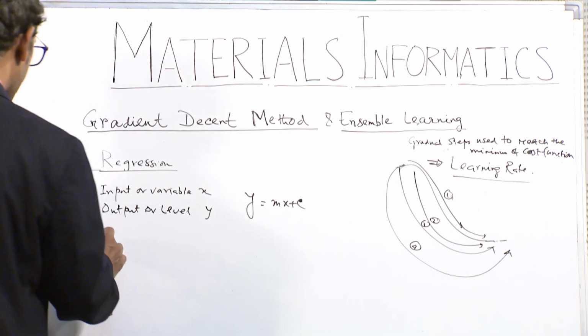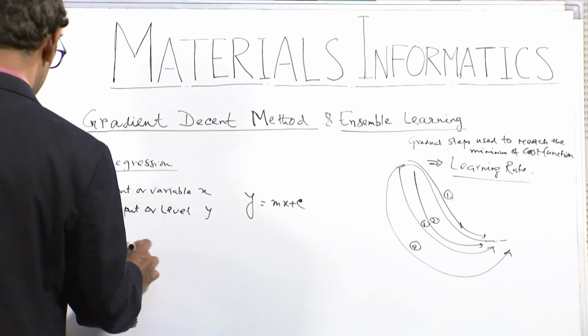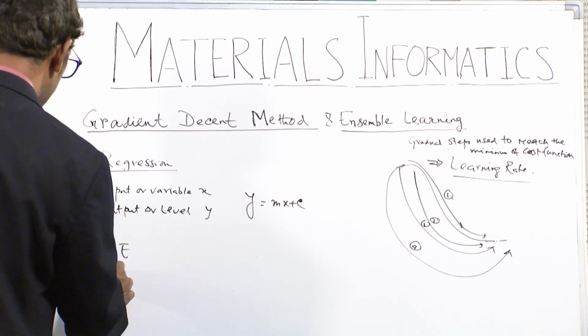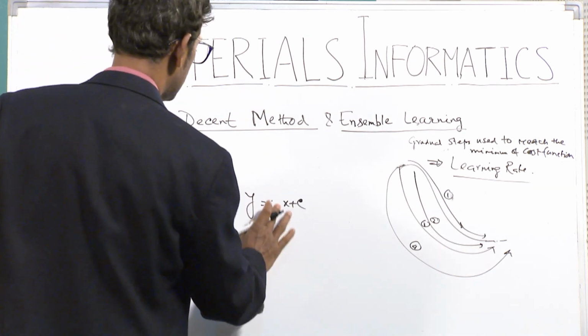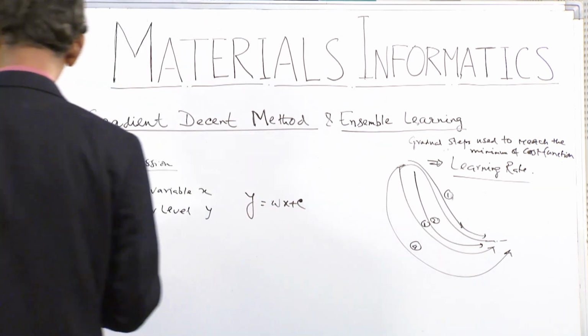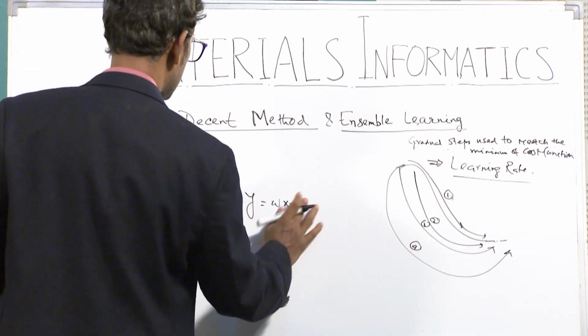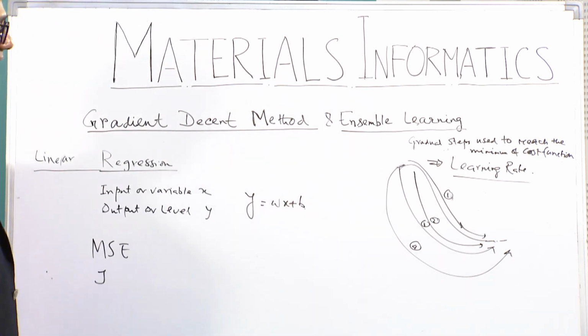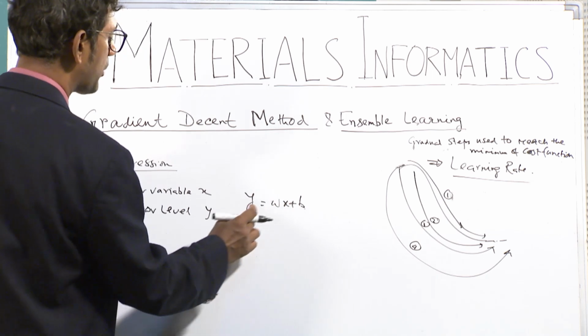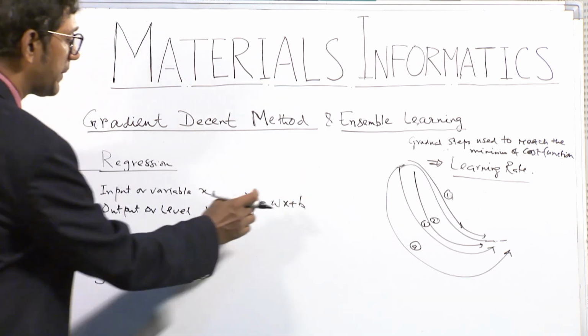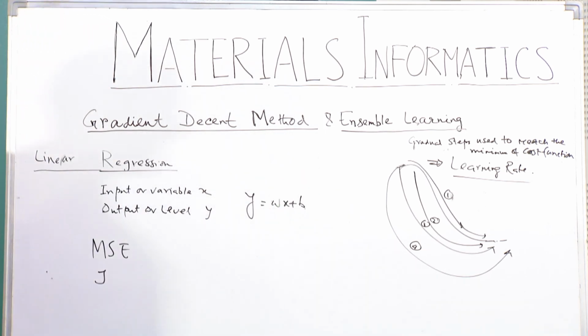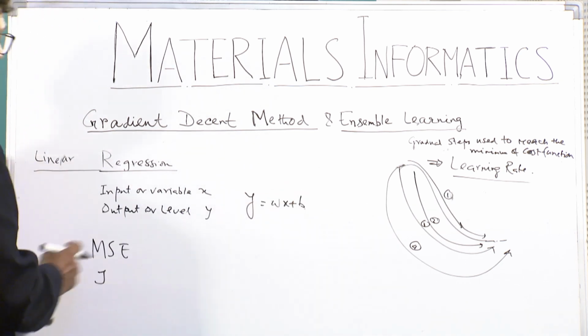So, what is the mean square error in this case? Let me write this. Instead of y is equal to mx plus c, I write y is equal to wx plus b. The parameters in this model are w and b, which you are going to optimize to find the best fit.